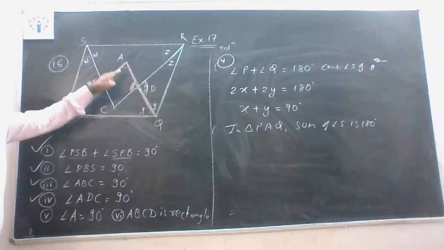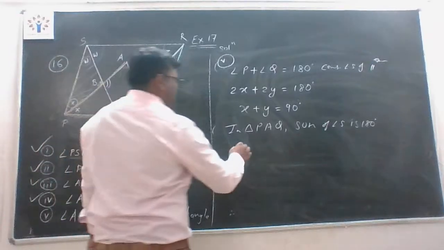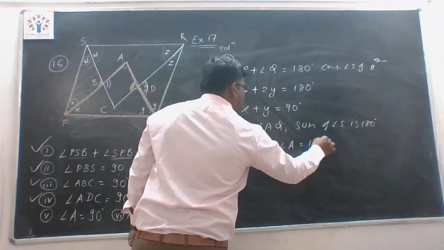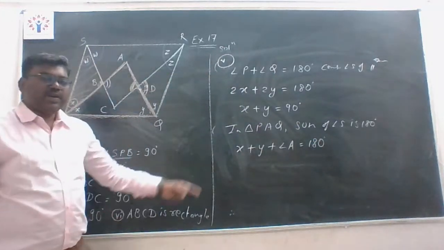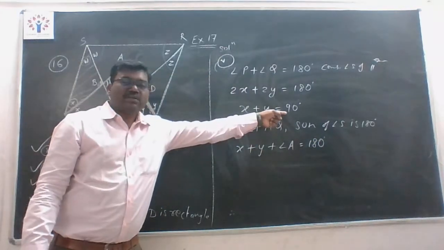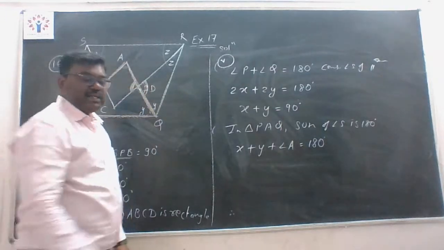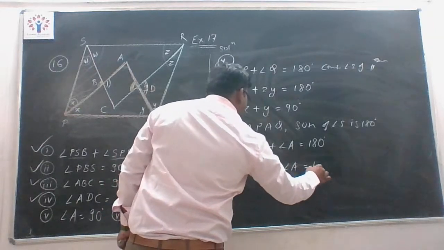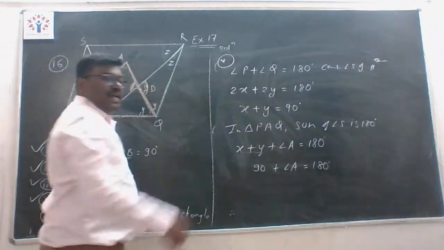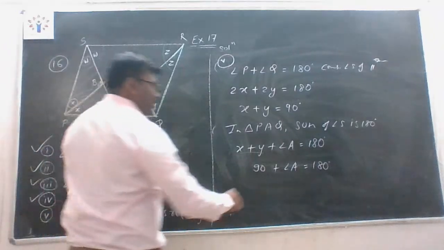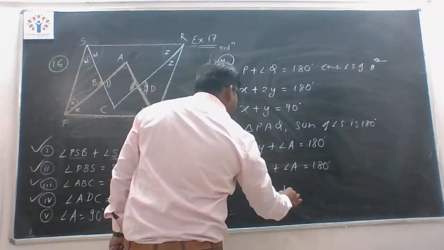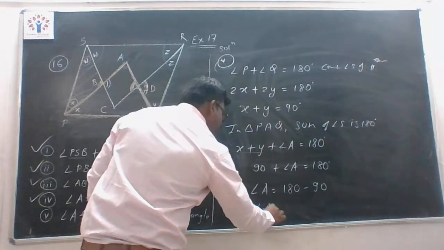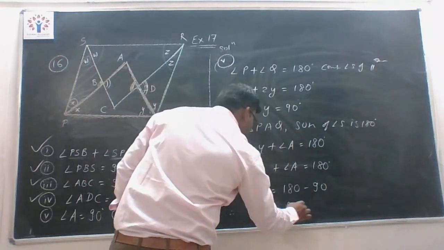X, Y, and angle A. X plus Y plus angle A is 180. We already know X plus Y is 90 degrees. So angle A plus 90 degrees equals 180, and 90 going that side will become minus 90. So angle A is 180 minus 90. Hence angle A is 90 degrees.